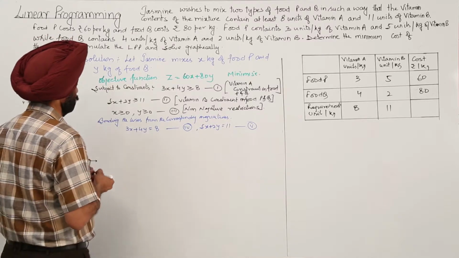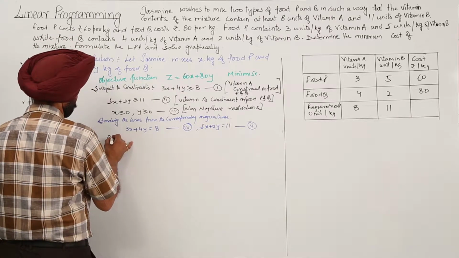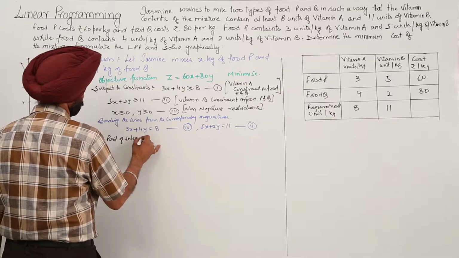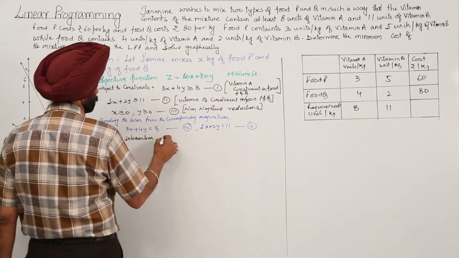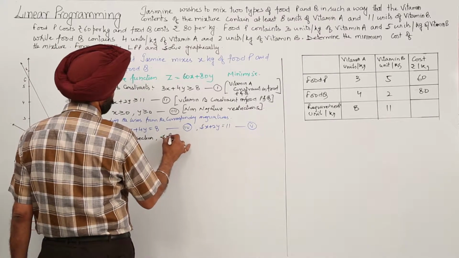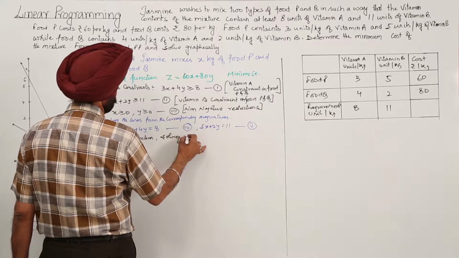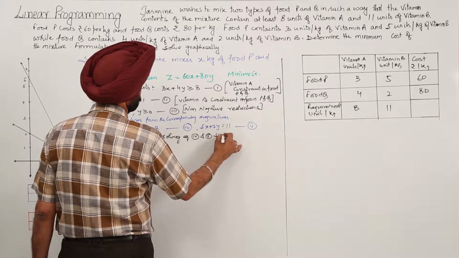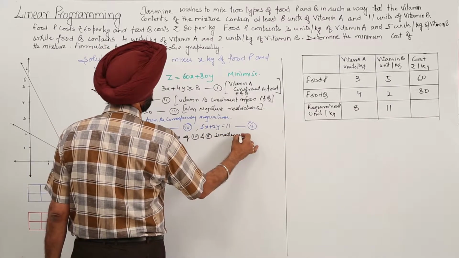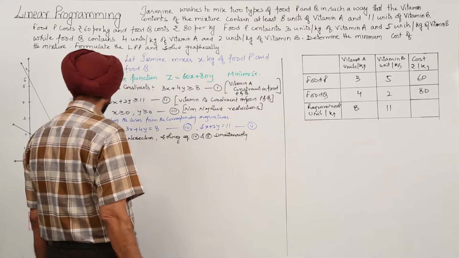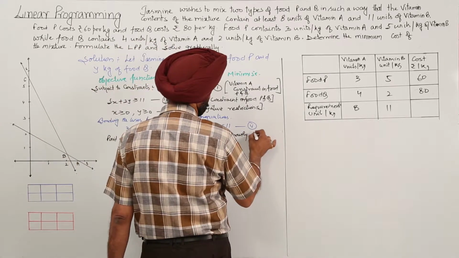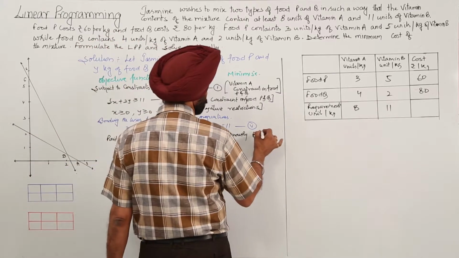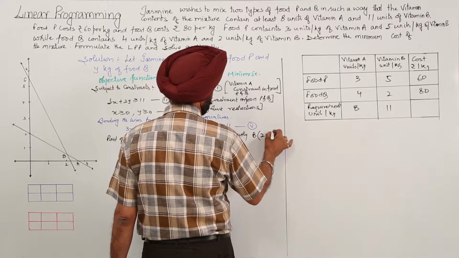Now, point of intersection. Solving equation 4 and equation 5 simultaneously, we get the point of intersection, point B, as 2 comma 1 by 2.